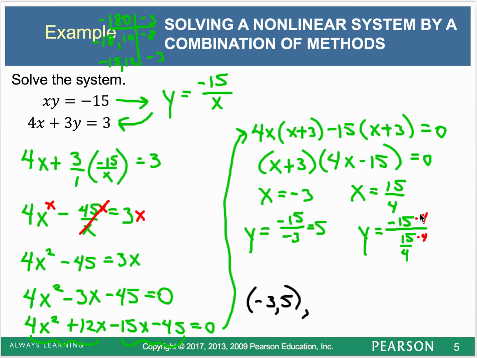Okay, same thing as any fraction. Numerator and denominator by the same thing. So negative 60 over 15, which is, what, 4? Negative 4. Okay, so our other answer is 15/4 and negative 4.